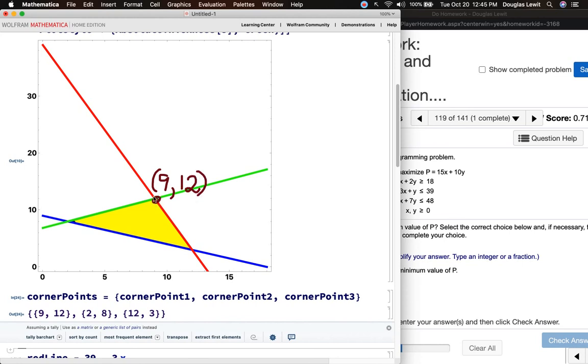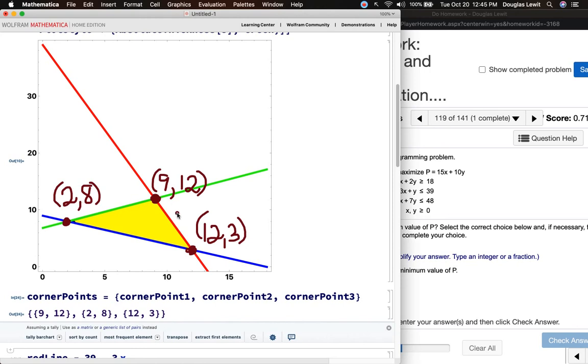Okay, that's this point right over here. And then this corner point is 2, 8. And then this corner point right over here, x is 12, y is 3.